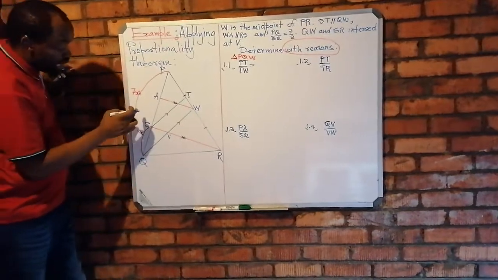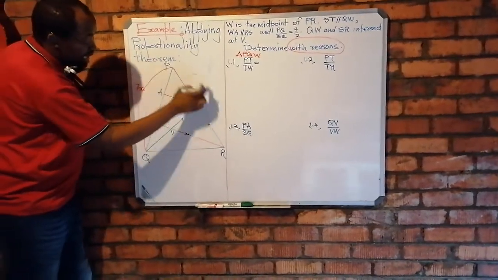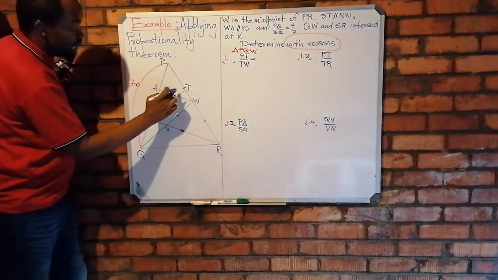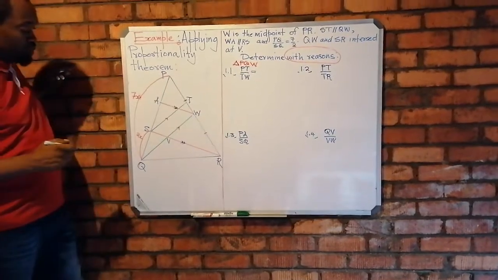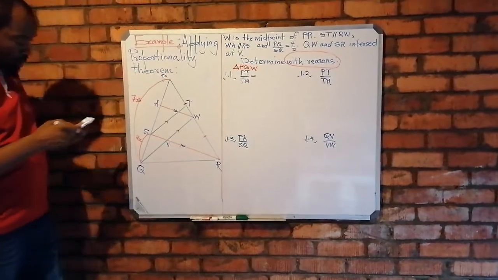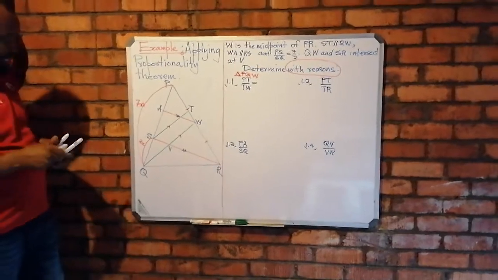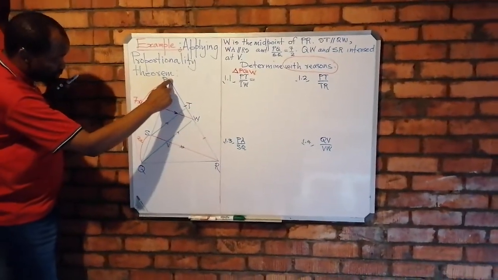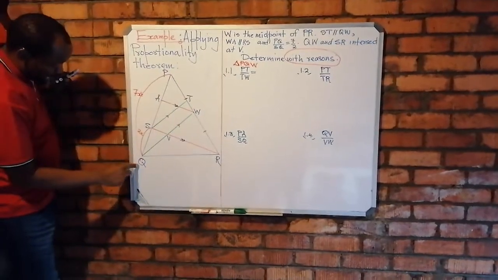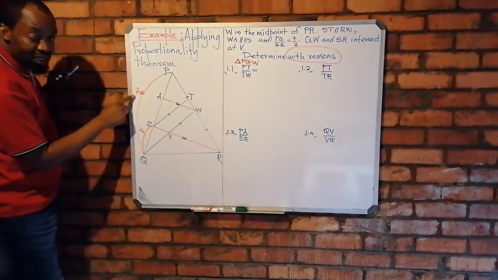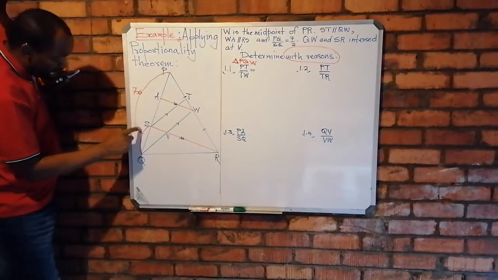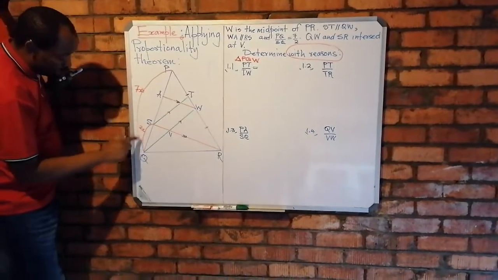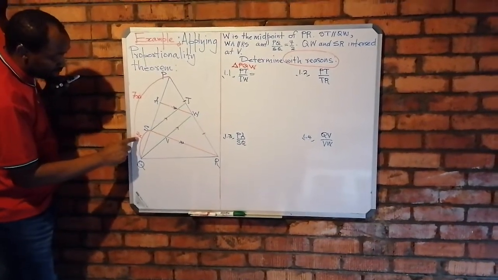Now I'm going to start by saying PW divided by TW. Or I can even say if from here to there is 7x, and from here to here it is 2x.